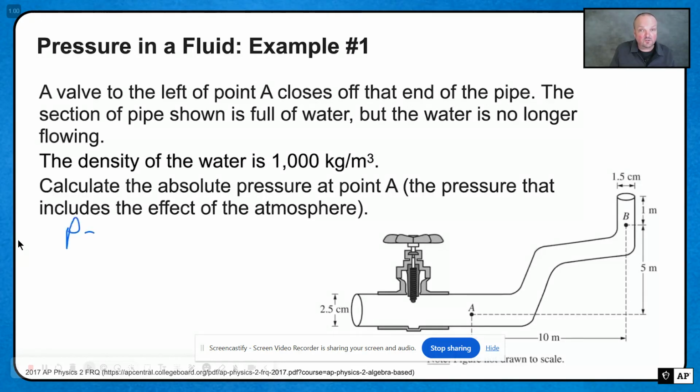Our equation for pressure is P equals P naught, which is atmospheric pressure, plus rho g h, which is density of the liquid, g, gravitational field strength, and h is depth.